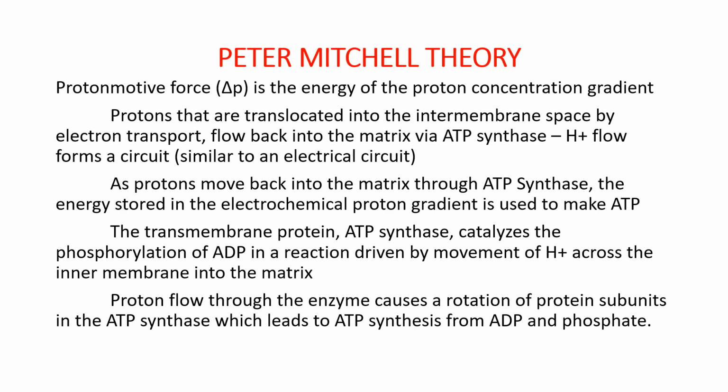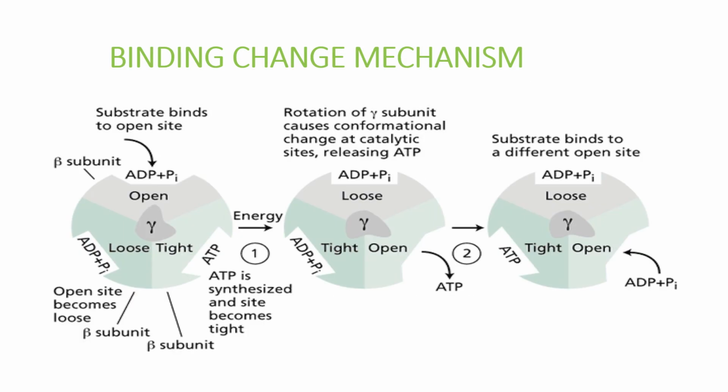So this proton movement causes the phosphorylation of ADP plus Pi with the help of the catalytic beta subunits. Here you can see we have taken only the beta subunits, and this is the gamma subunit, which helps in the rotation of these subunits. Usually the beta subunits exist in three different conformations: open, tight and loose.